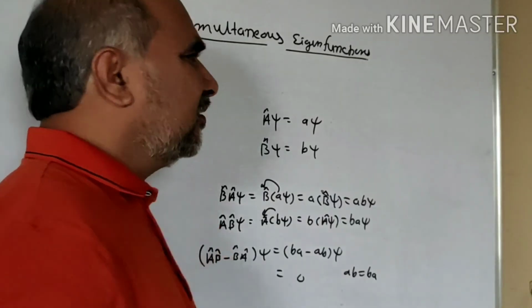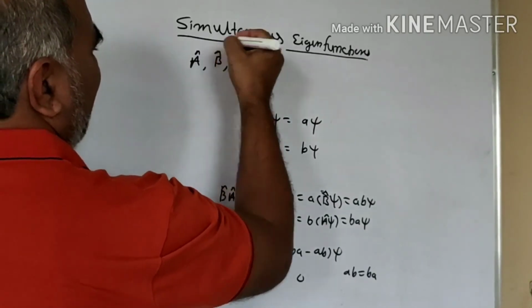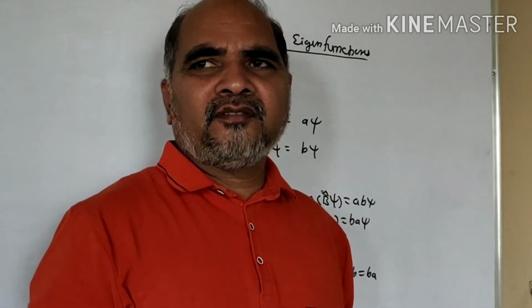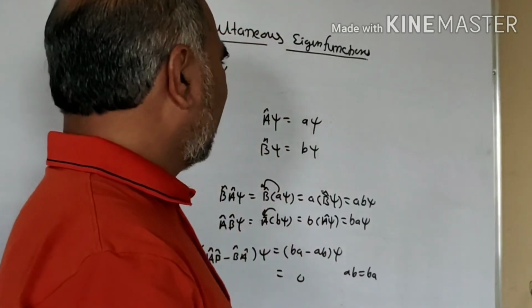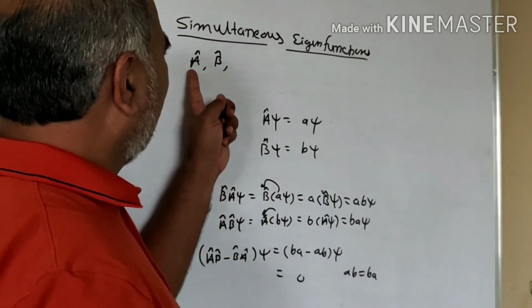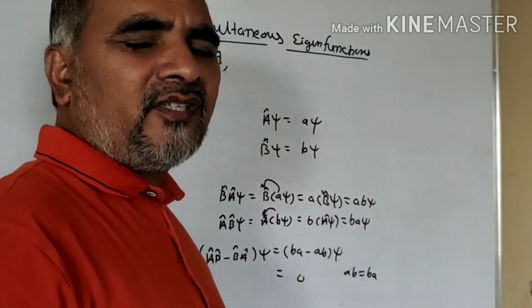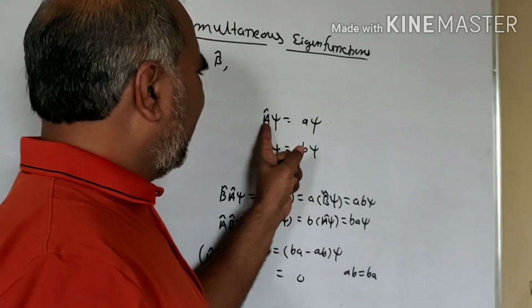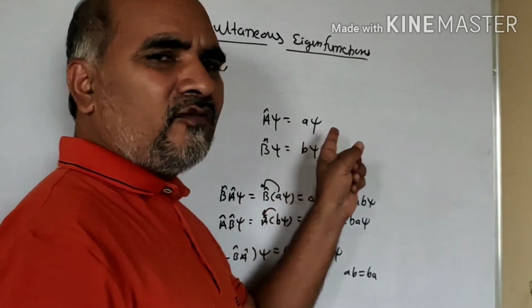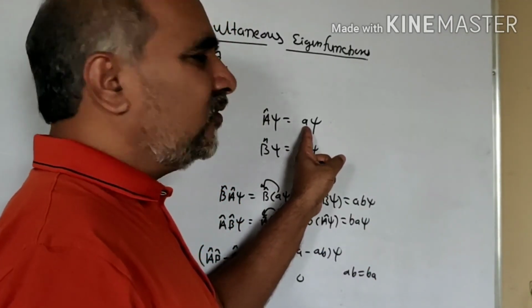Let us consider A and B as two operators corresponding to dynamical parameters A and B. When A operates on psi, which is any wave function or any state of a quantum mechanical particle, A psi is equal to a psi, where a is the eigenvalue.